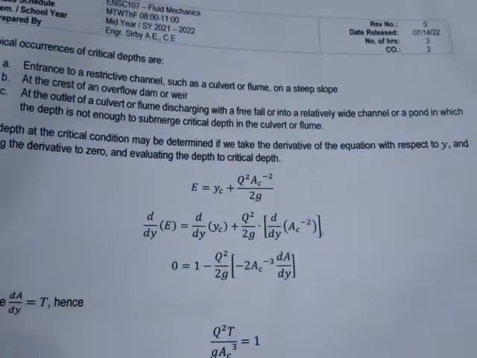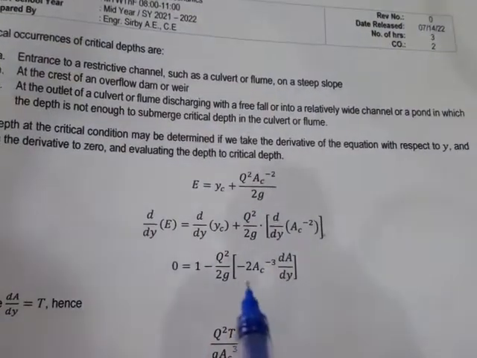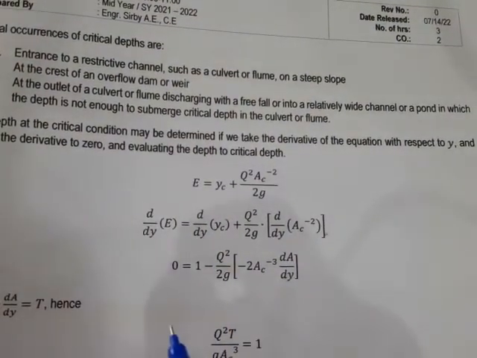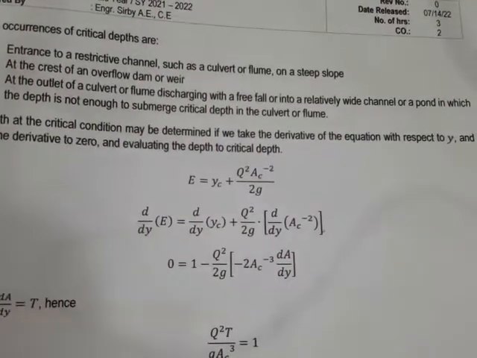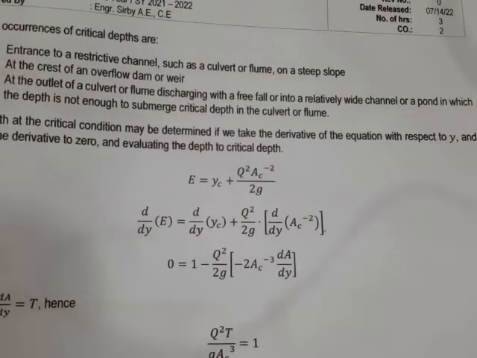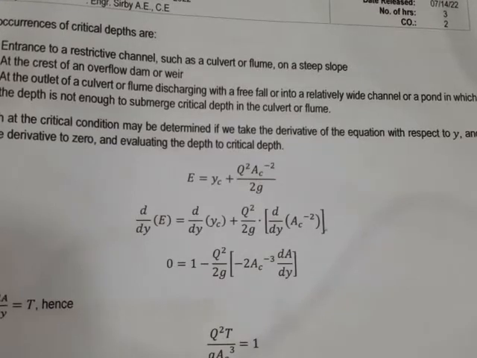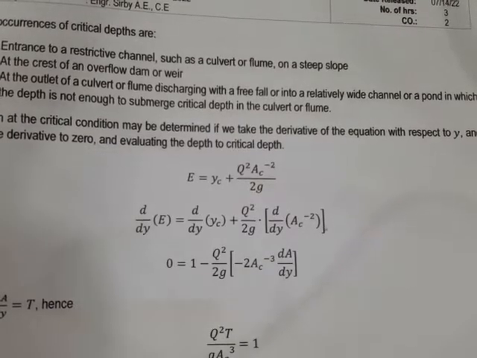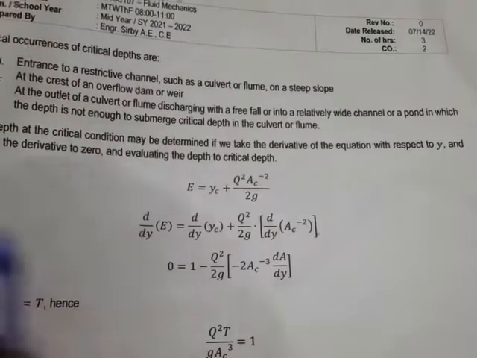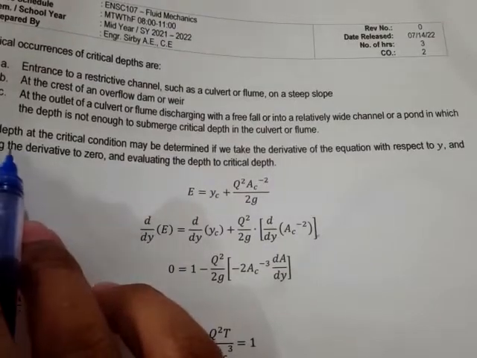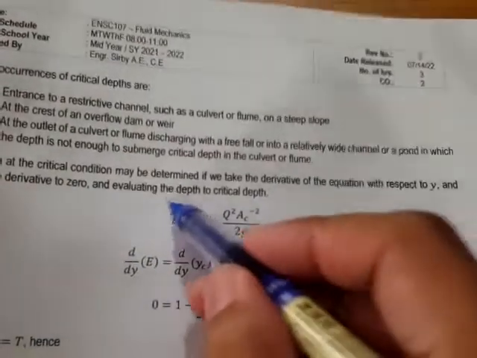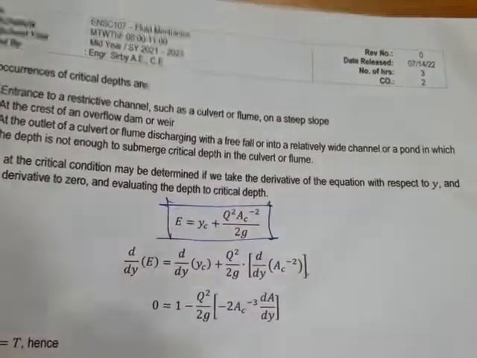Okay, so there is a derivation about the critical depth. Actually, we want to solve this critical depth because sometimes that's going to be our reference in solving the flow depth. So in order to obtain this critical depth, we start from the specific energy equation.